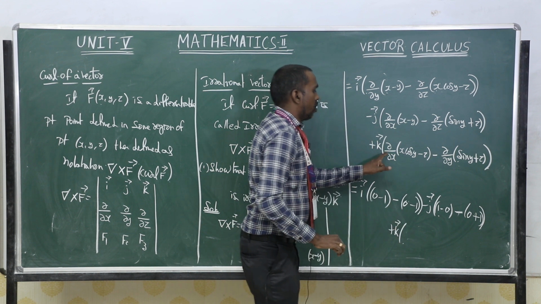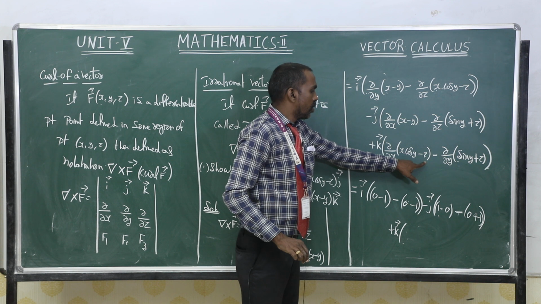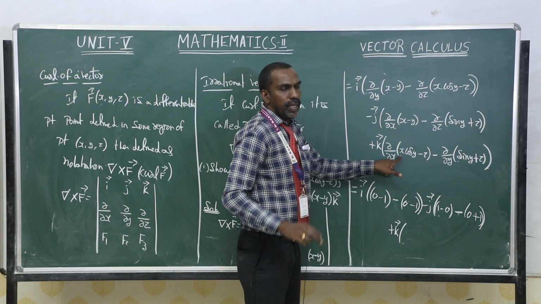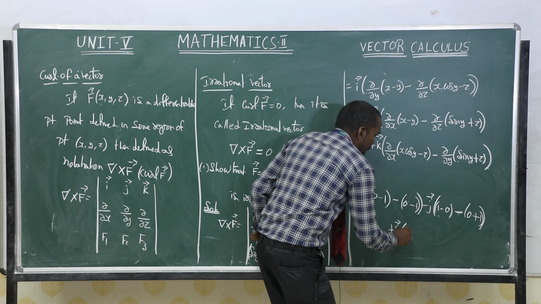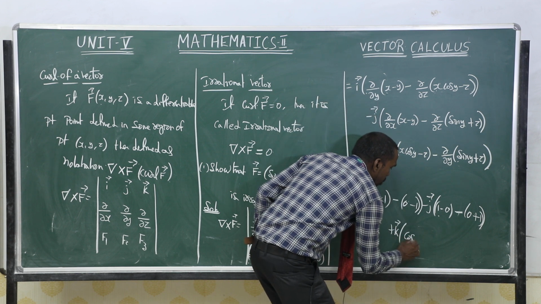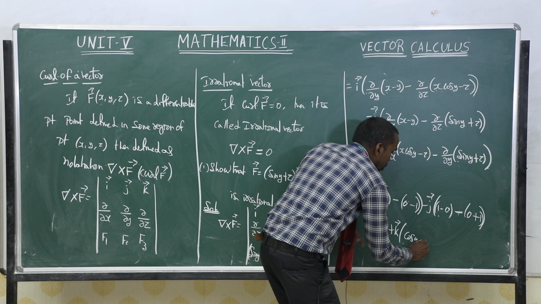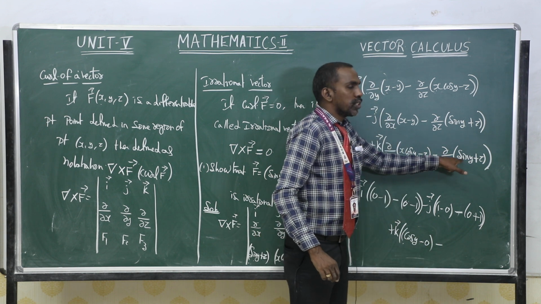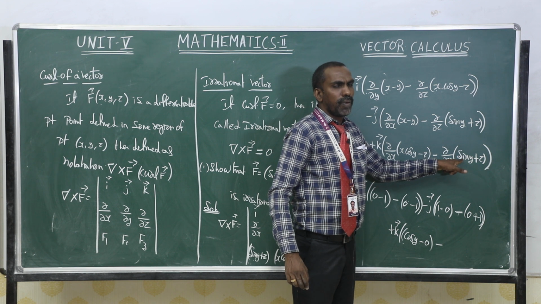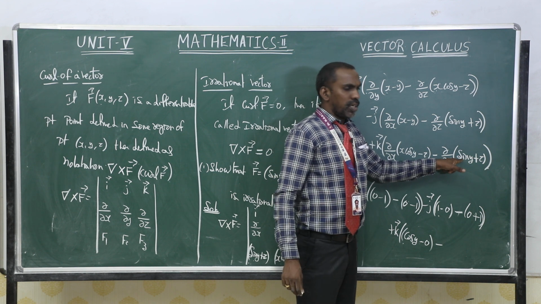Next, plus k vector of dou by dou x of x cos y minus z. Here x gives only 1, so we get 1 into cos y. Then with the minus sign, dou by dou y of sin y is cos y.